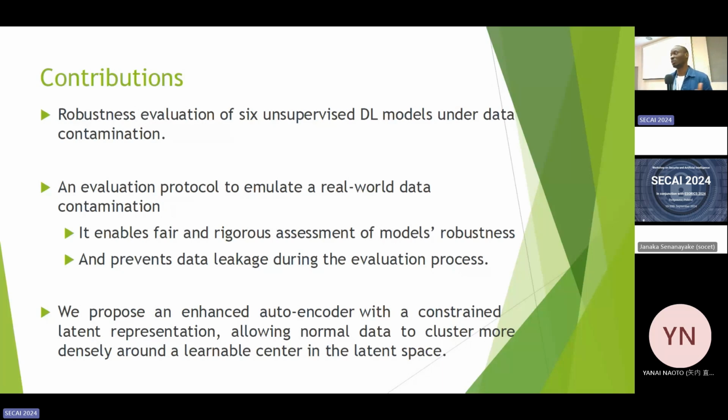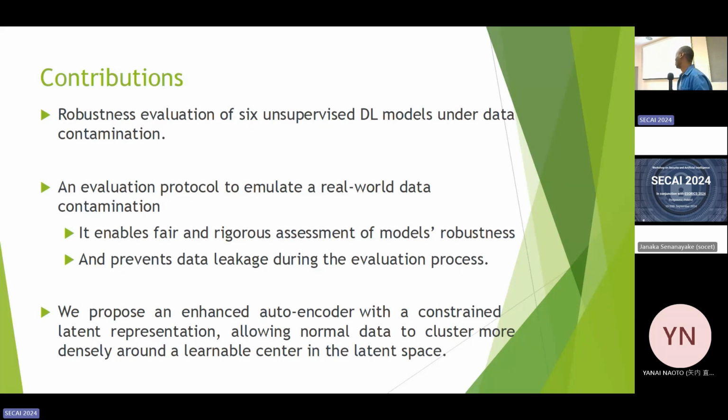So we've selected a wide range of models here, generative ones, those based on reconstruction errors, and also we have one model based on self-supervised learning. And to do that, we also design evaluation protocols to evaluate the robustness of those models in a rigorous way, and also in a way to prevent data leak during the evaluation process.